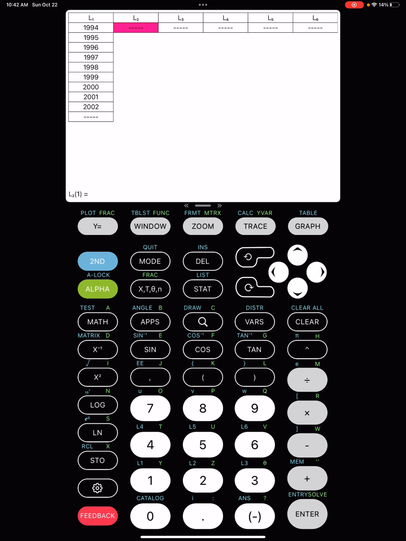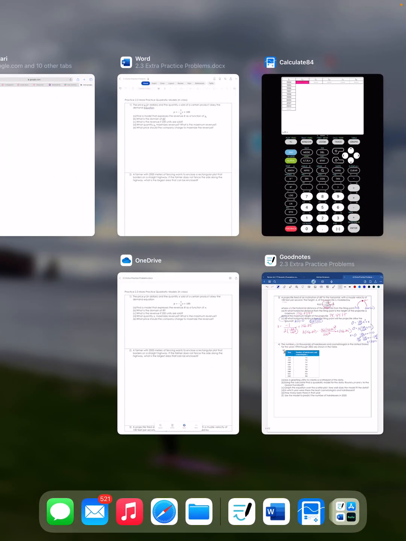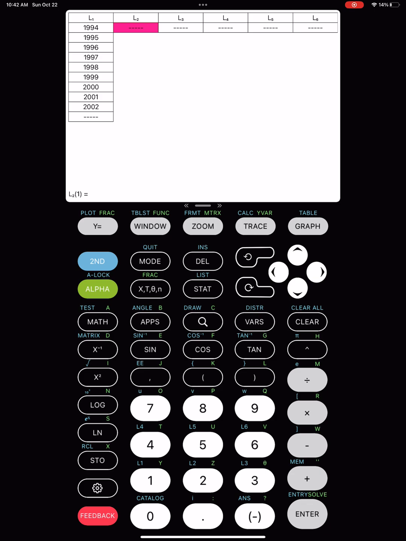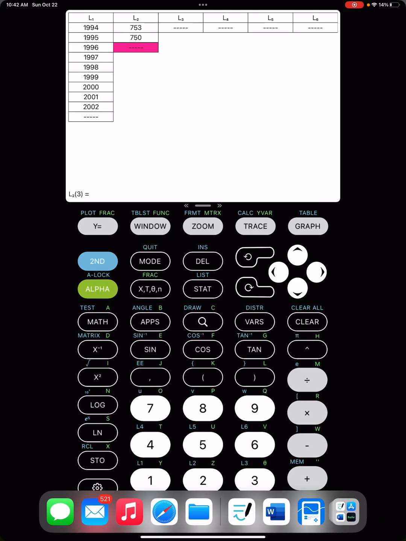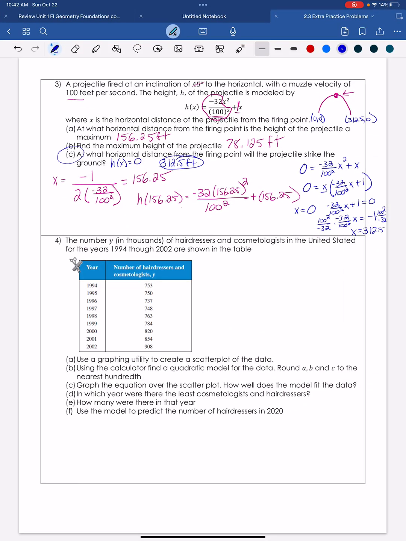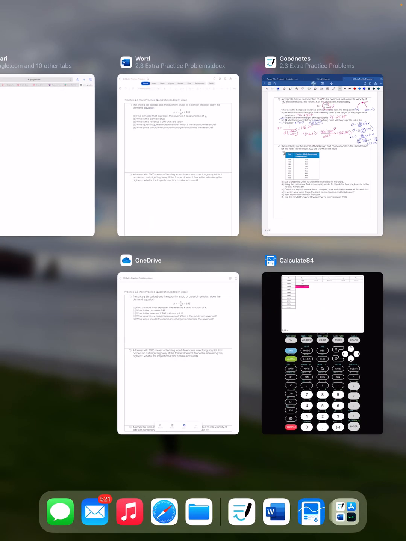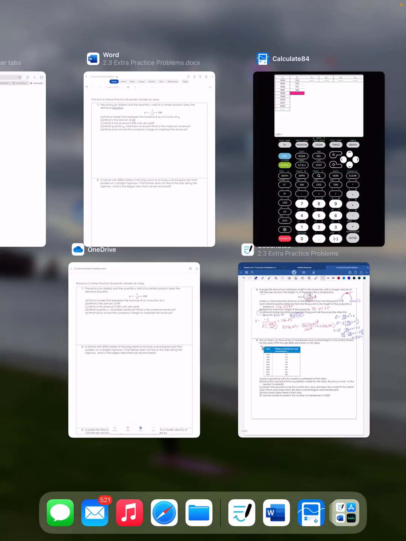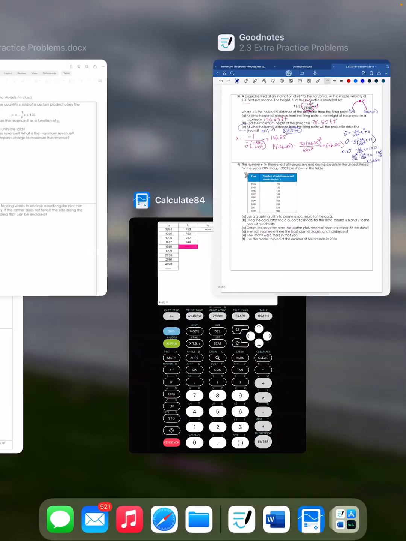Okay, and then we have our values. 753, 737, 760.